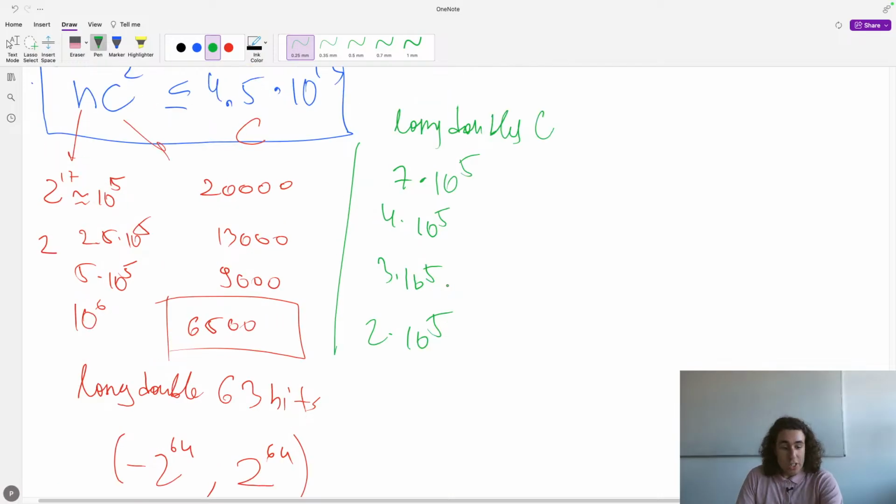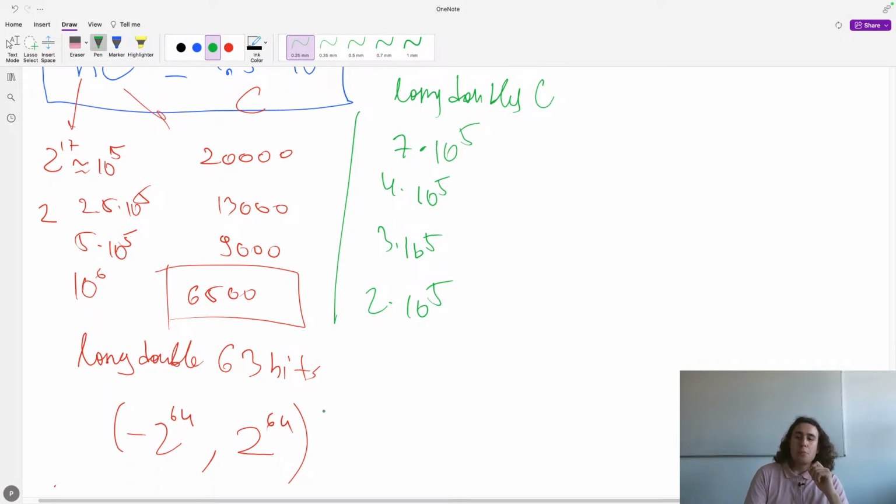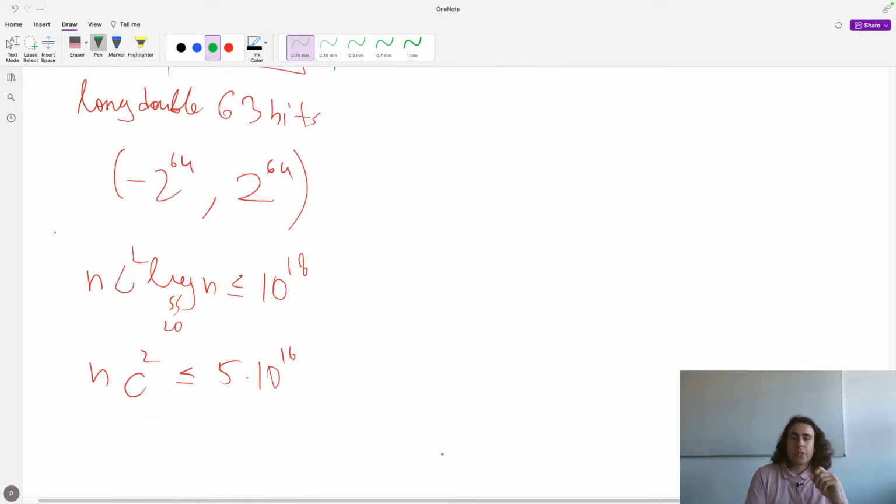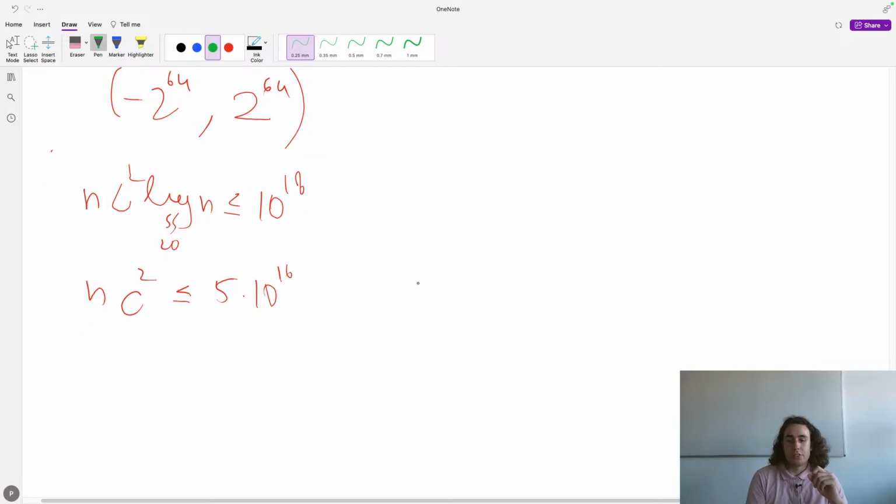But of course, long doubles are going to take even more space. And I just talked about it briefly. There's a lot more about this that you can find on the internet. All the links are in the description. But as I said, probably you're going to have to compute your FFT modulo some prime number.